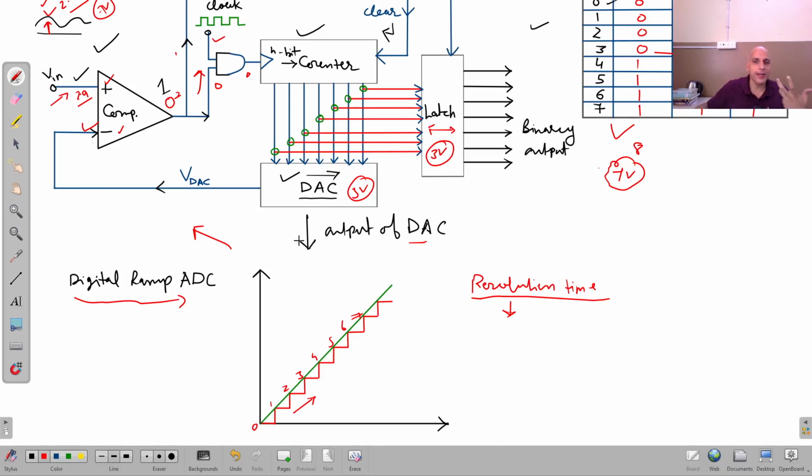If we are having 8 bits, then we can say that it has 8-bit resolution. If it had 4 bits, then we will say it has a 4-bit resolution. Similarly 16 bits, 16-bit resolution. Now the time for getting the 16 bits in the output, that time is known as the resolution time.